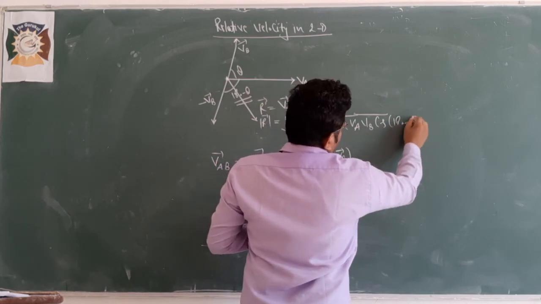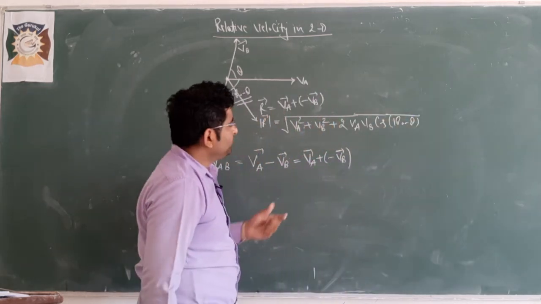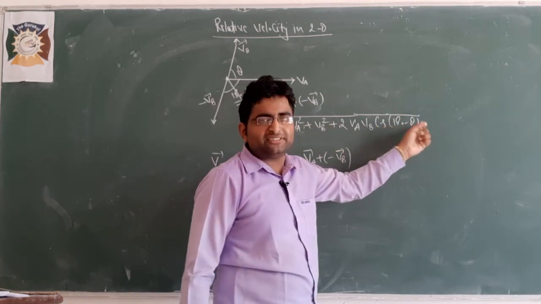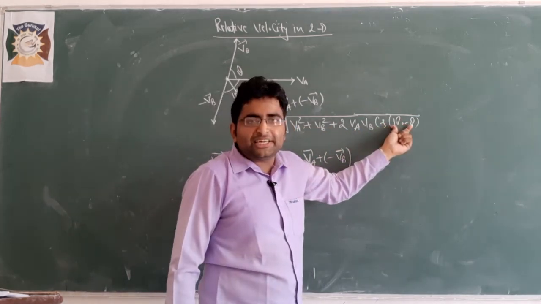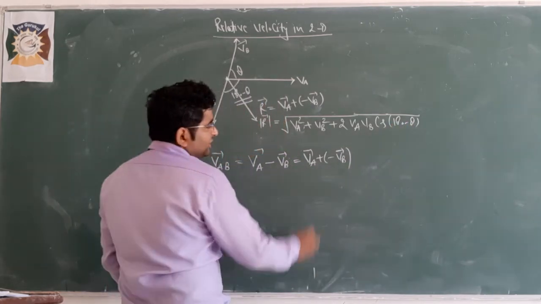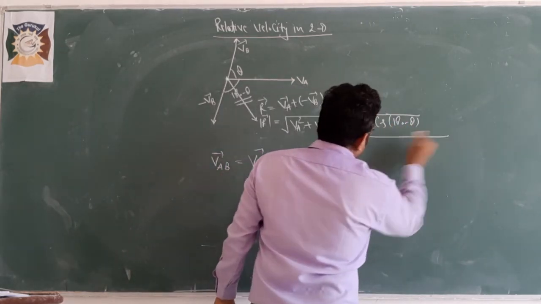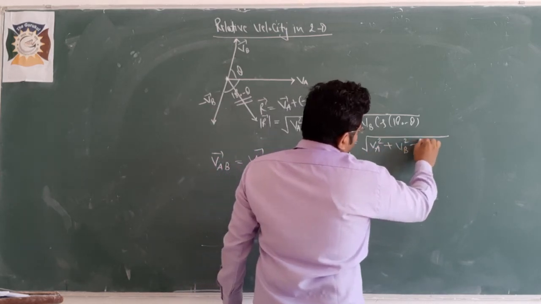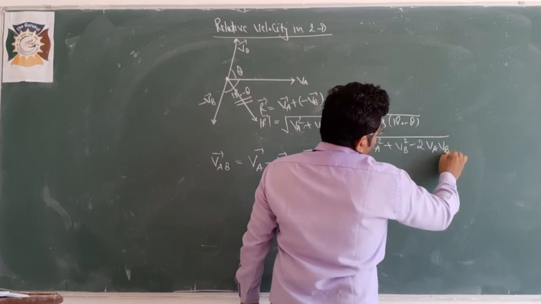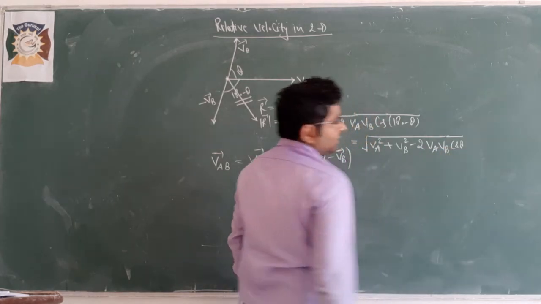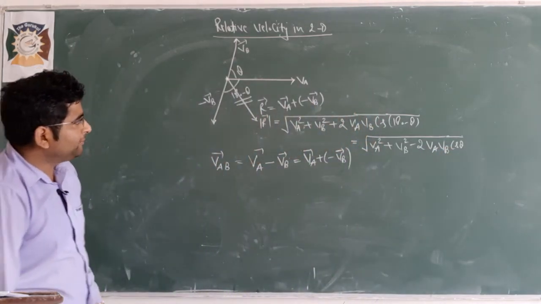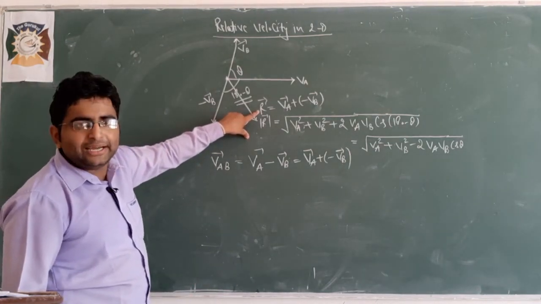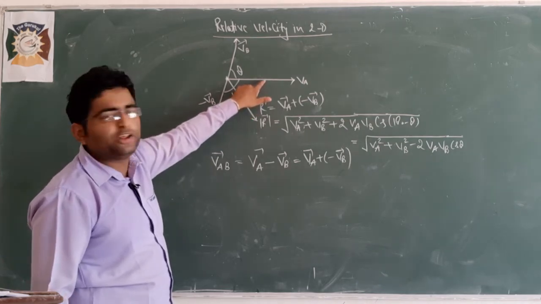So VA square plus VB square plus 2 VA VB cos of 180 minus theta. What is cos 180 minus theta? Minus cos theta. So it will become VA square plus VB square minus 2 VA VB cos theta.